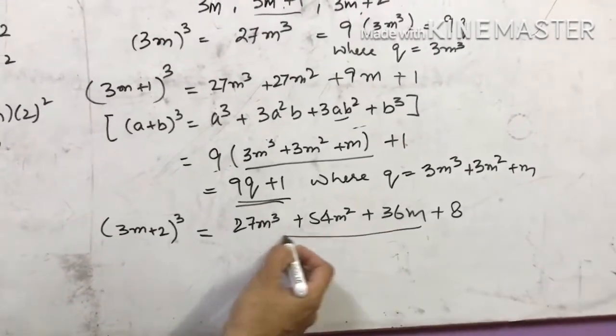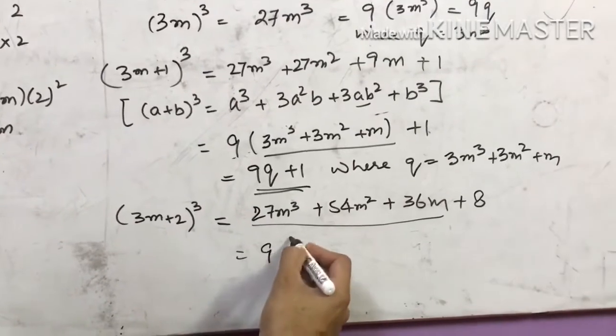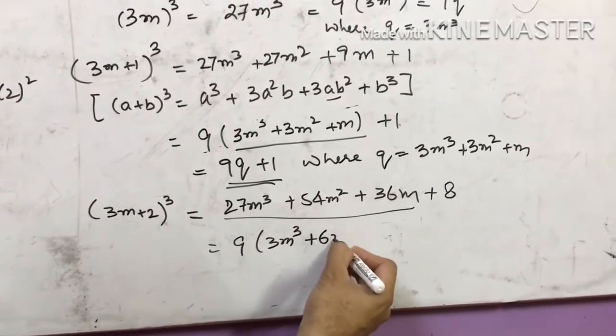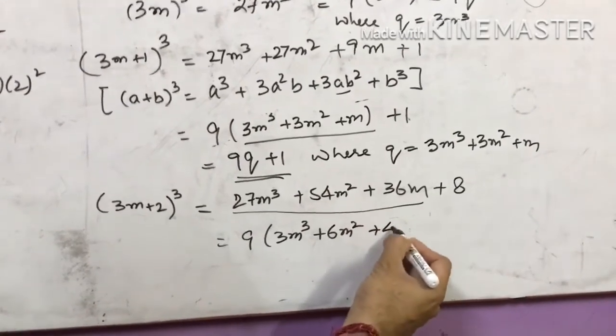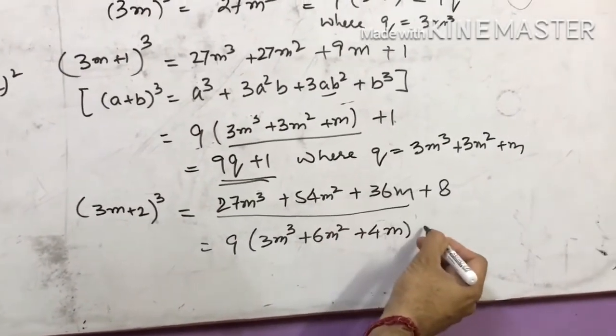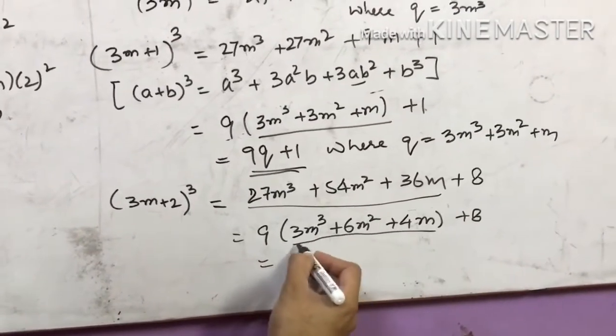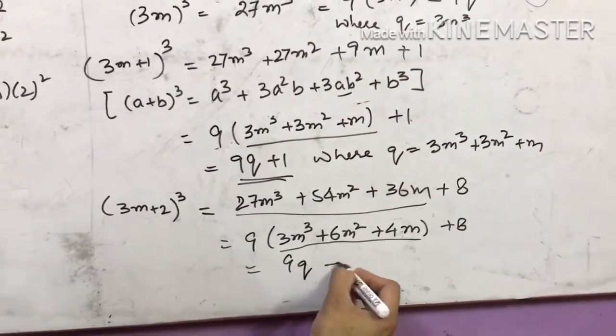From here to here you can take 9 common. And all this value is equal to 9q plus 8.